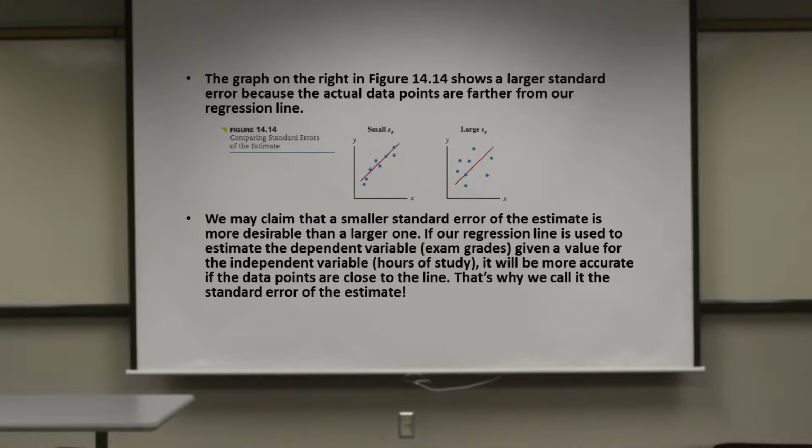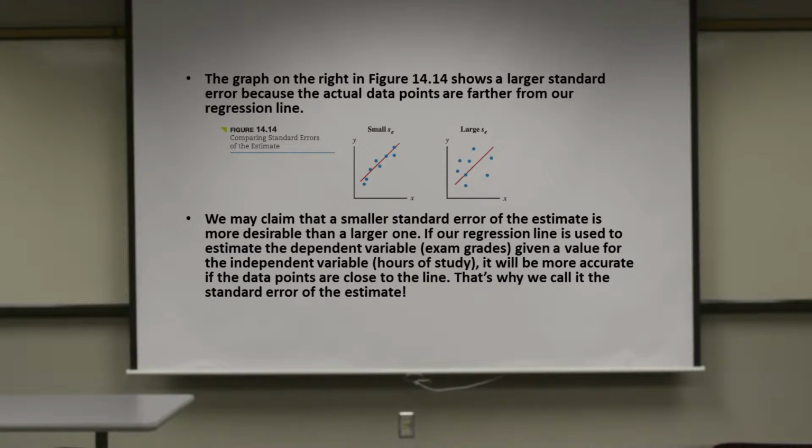The graph on the right in figure 14.14 shows a larger standard error because the actual data points are farther from our regression line. We may claim that a smaller standard error of the estimate is more desirable than a larger one.